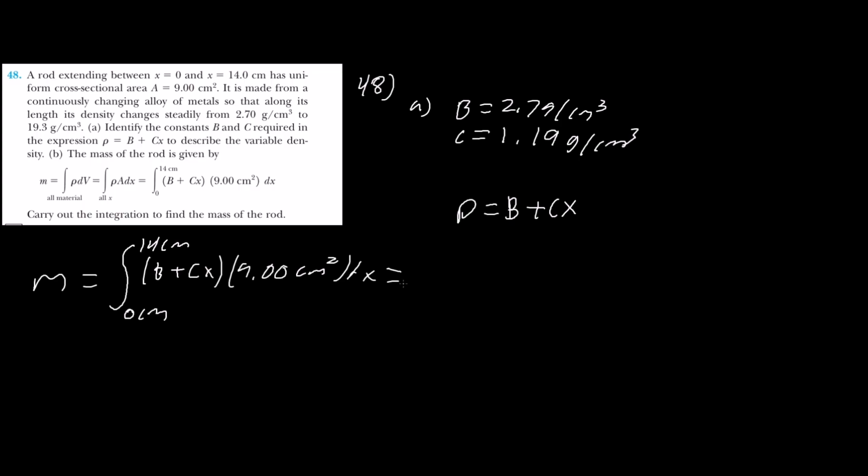B plus Cx times 9. And once you carry out the integral, the mass is going to be 1386. What's the units? Grams? Oh yeah, of course it's grams. Okay, grams.